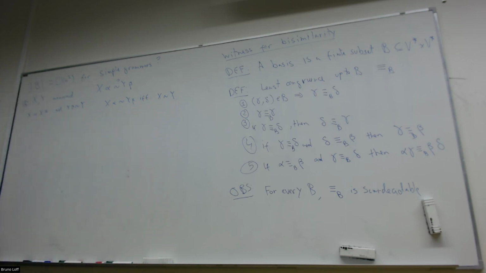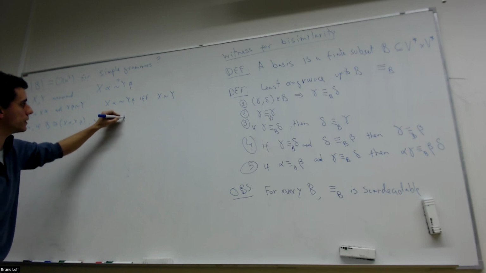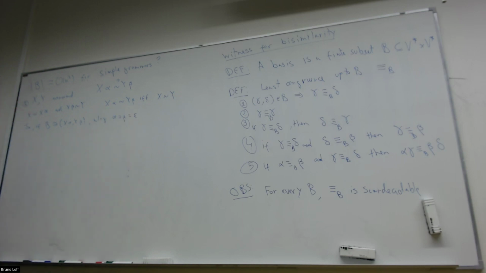So what that means is that if your basis B has an element x alpha, y beta, without loss of generality alpha and beta are the empty word. So this means that if x and y are normed, you don't care about the tails. And your basis B, without loss of generality, has only one pair starting with x and y.